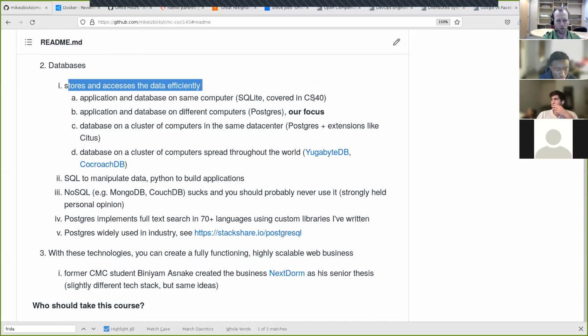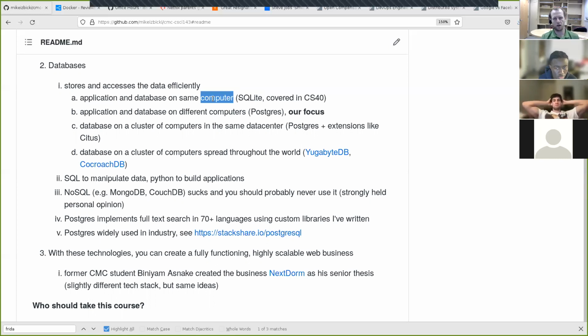If you've taken CS40 with me, in the intro programming course, you've seen the SQLite database, and I built some basic Twitter style web pages using SQLite. And this database is designed specifically for the application and the database on the same computer. So very small scale systems. And again, by small scale, I don't mean the Muggle version of small scale, I mean the Facebook version of small scale. So up to a terabyte of data.